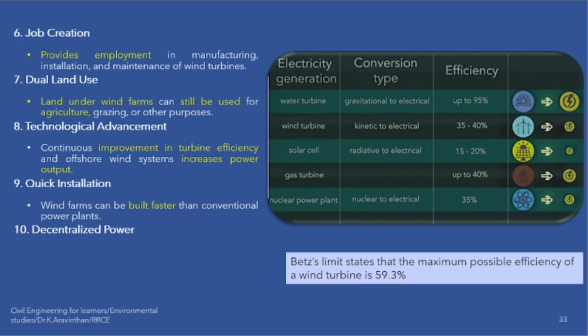But if you take a solar or wind power plant, construction takes around 5 years for solar. For windmills, you need only months: 1 or 1.5 months for construction, and operation is 20 years. A nuclear power plant takes 3 to 4 years to install, and with current technology it lasts 40 years. Decentralization of power: where you need it, you can install.